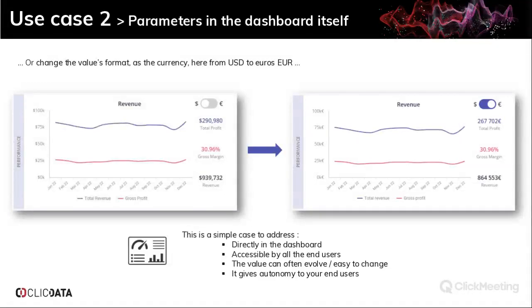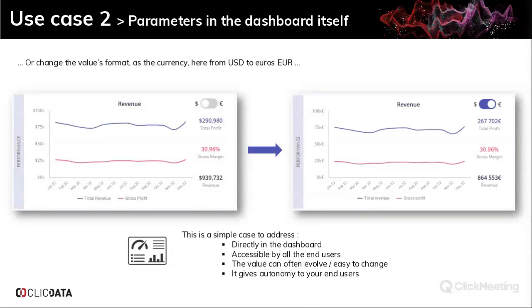So it means that you can have this graph in dollars, or you can change and have the values in euros. As other examples, you could change the unit of another kind of data, for sure. Or in another case, you can change, for example, the scale of measures. You can switch from thousands to millions.